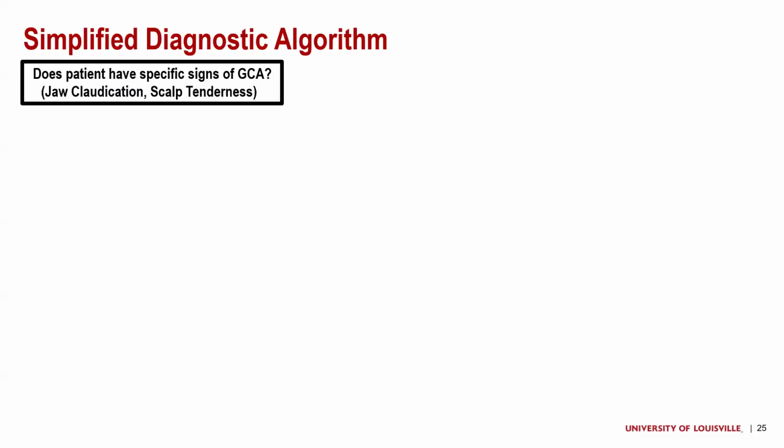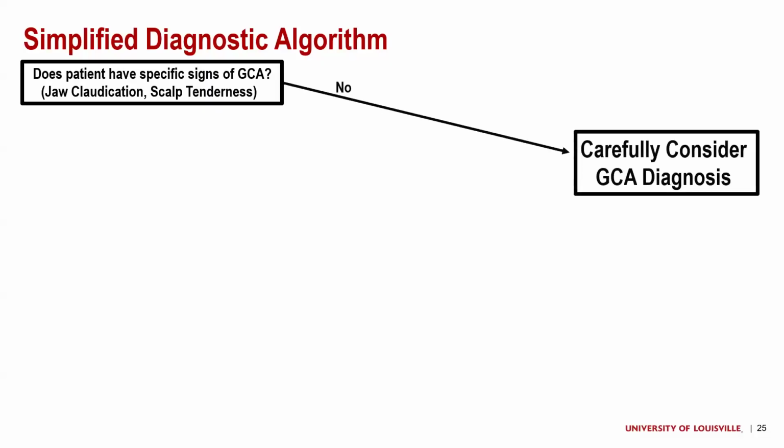If they don't have these specific symptoms, I'd carefully reconsider the diagnosis of giant cell arteritis, because once you take out these specific symptoms, you have very little you're working with to decide on a giant cell arteritis diagnosis.